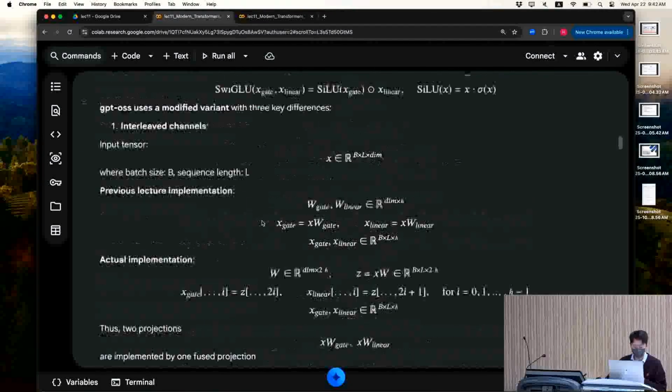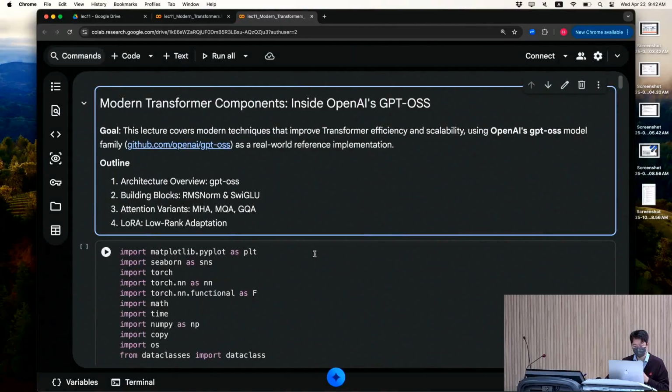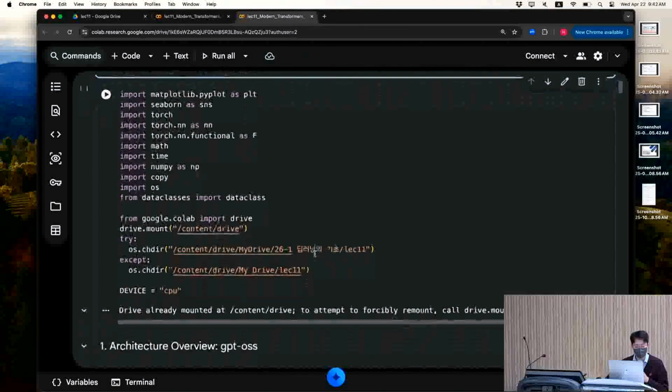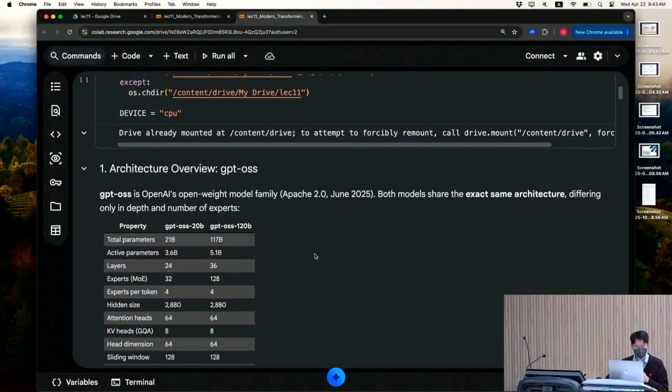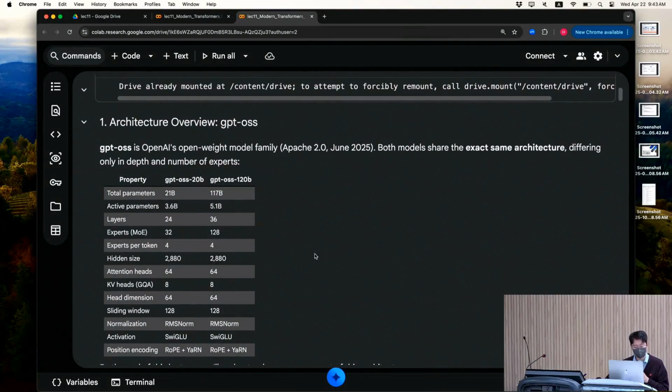Okay, let's do a brief review. The idea is we're going to crack open OpenAI's GPT OSS model, which is open sourced, and look at some of the key differences in the architecture compared to what we covered so far during the lectures.